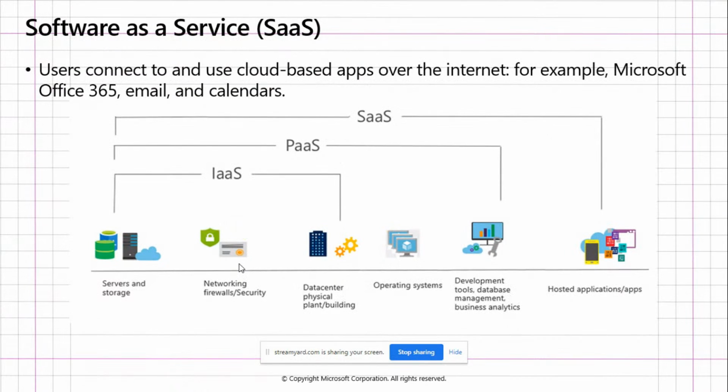And moving to the next one, which is software as a service. In layman's terms, everything will be provided as a rent part. Like what we do in Microsoft O365, email, calendars, everything will be covered under Microsoft O365, right?